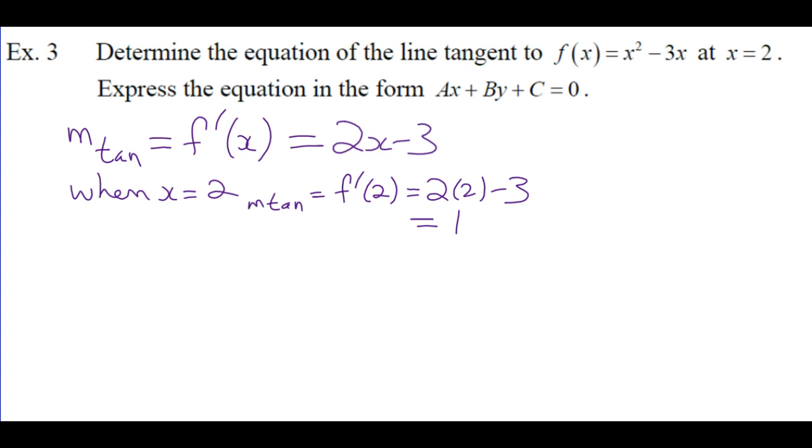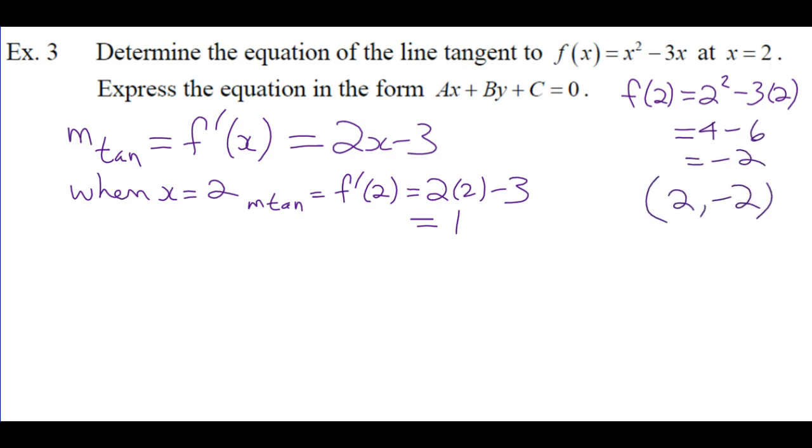It's 2 times 2 minus 3, which is 4 minus 3, which is 1. And what's the point? The point on the curve is (2, negative 2). So we need a line with a slope of 1 going through (2, negative 2).